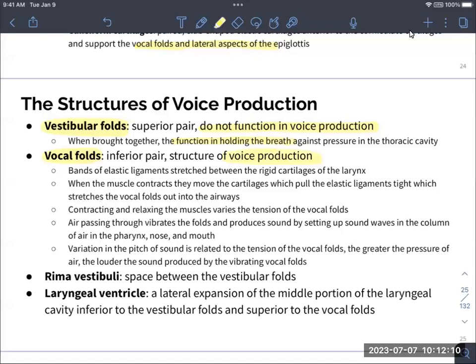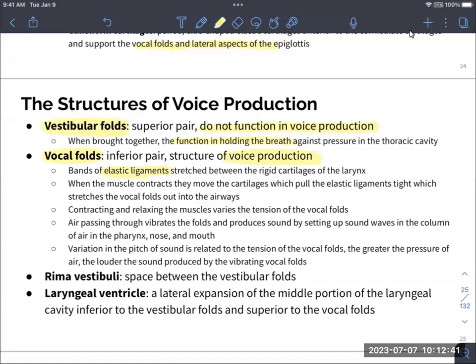They're elastic ligaments because they need to stretch. When muscles contract, they help move the cartilage in the larynx, and that pulls the elastic ligaments of your vocal folds tight. When they're pulled tight, it stretches the vocal folds into the airways.